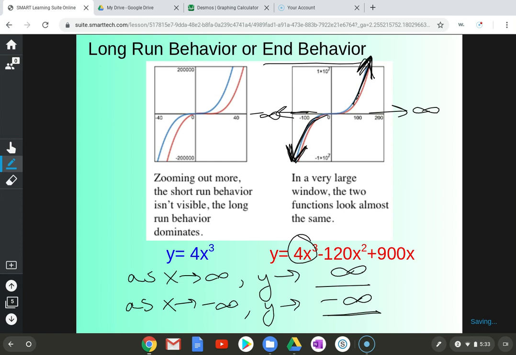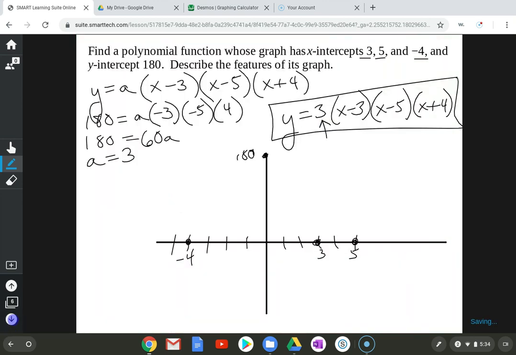This works anytime your degree is odd. So if it's first degree, third degree, fifth degree, any odd degree, when you have a positive leading coefficient, the left side's going to point down and the right side's going to point up. So we know our left side is going to point down and our right side is going to point up.